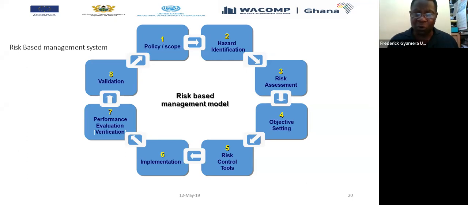And how to control those risks. You should have the risk tools. Should be able to implement them efficiently and effectively so that you get the desired results. Try to do what is called performance evaluation. That is the verification, checking that you are doing things right. And you validate that whatever you've been able to achieve through this cycle, you plough it into your policy development stage so that that element of struggle is dead and gone.